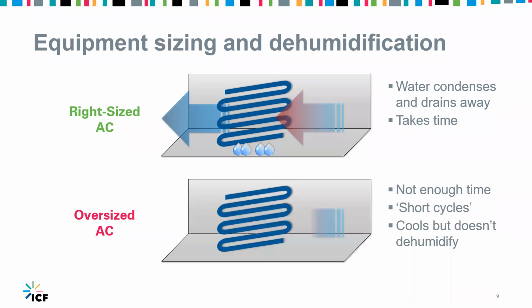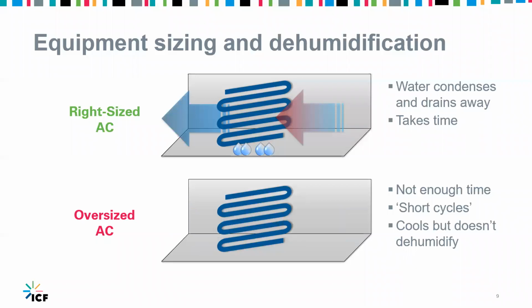So with an oversized system, the same thing's happening. You've got air going over the coils, cooling down, but it reaches its set point faster and shuts off before there's enough time for the water to drain away. So any little bit of water that condensed on the coils ends up just evaporating back into the living space. This is called short cycling.